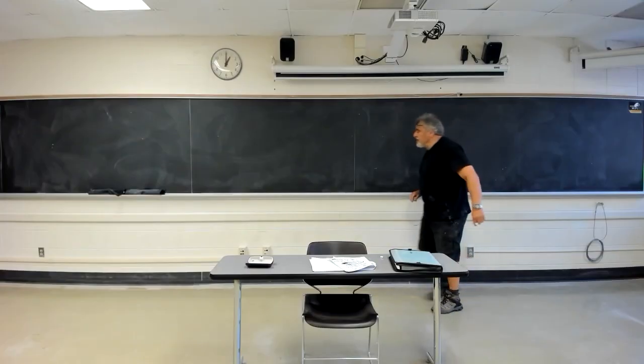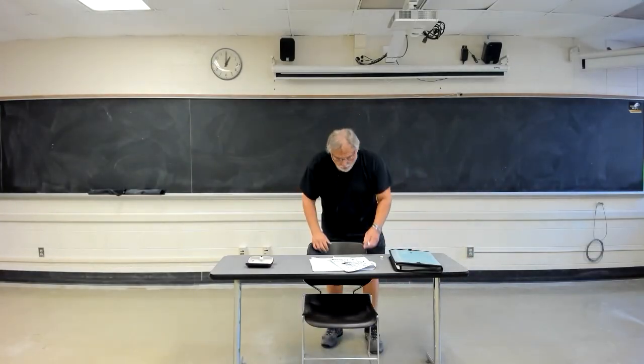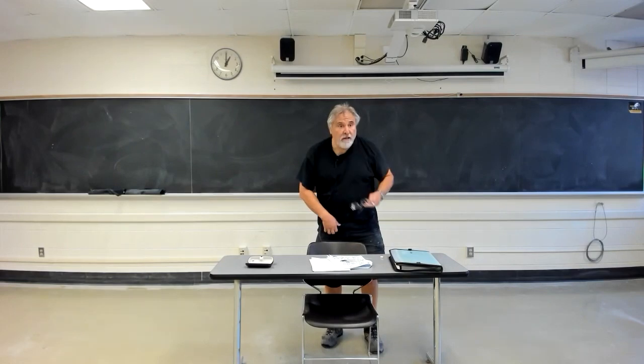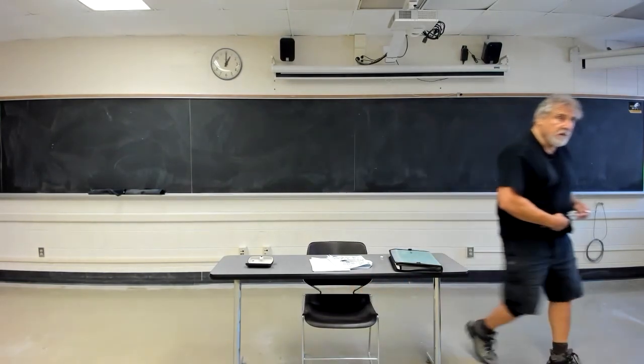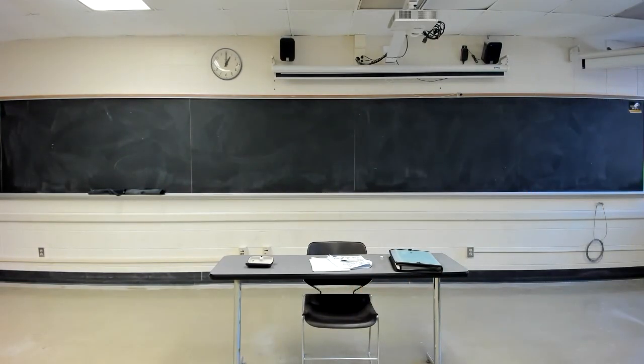Old school proportions here, guys, and so much of what goes on in mathematics and physics pertains to proportions. So let's take a look at it a little bit, guys.